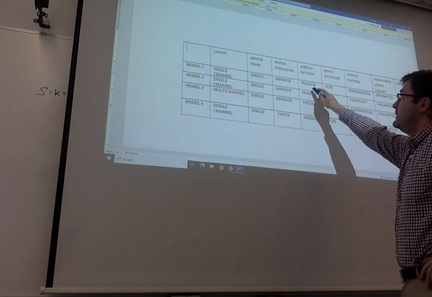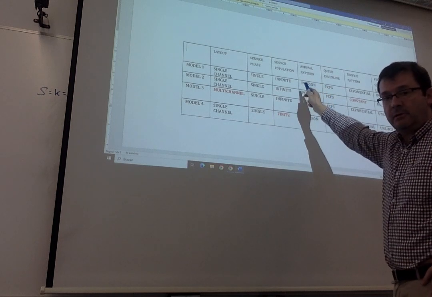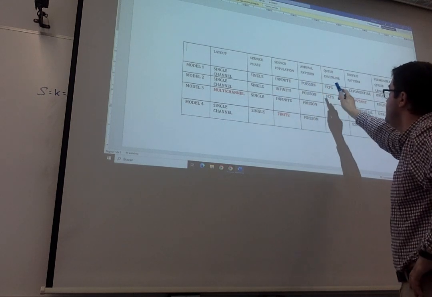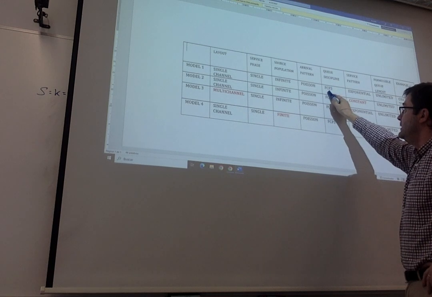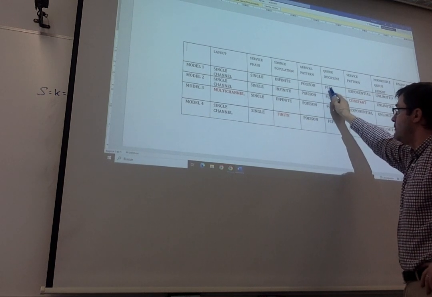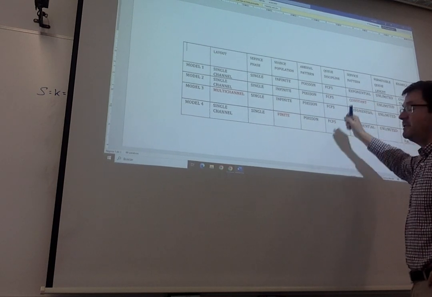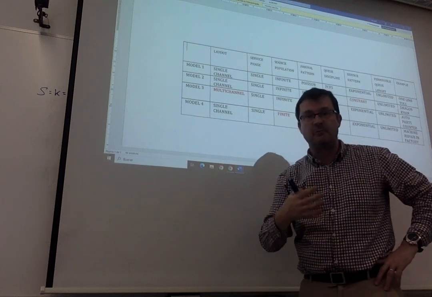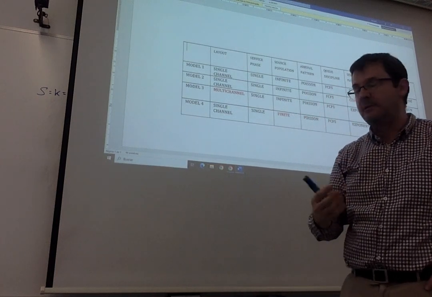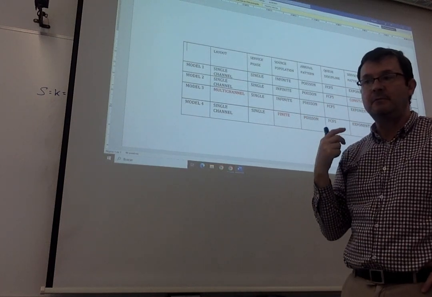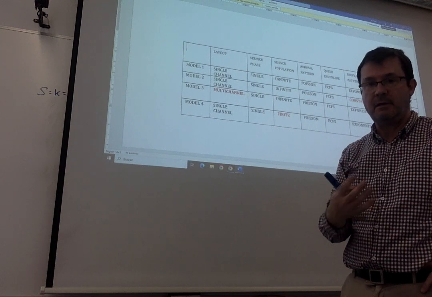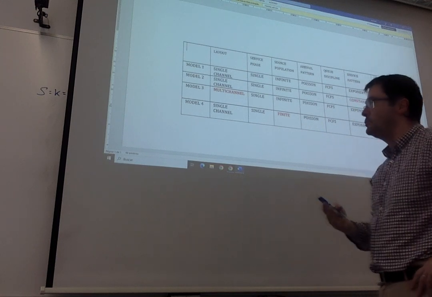The arrival pattern has a random component, so it's Poisson Markov. The queue discipline is first come, first served. The service pattern is exponential. Exponential means that there is randomness as well in here, because this means that there is a human being rendering this service, or doing this work.